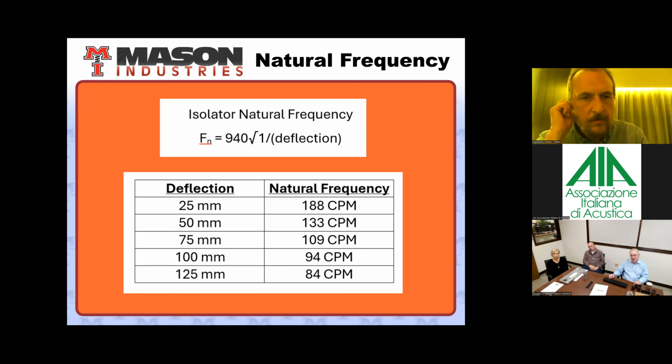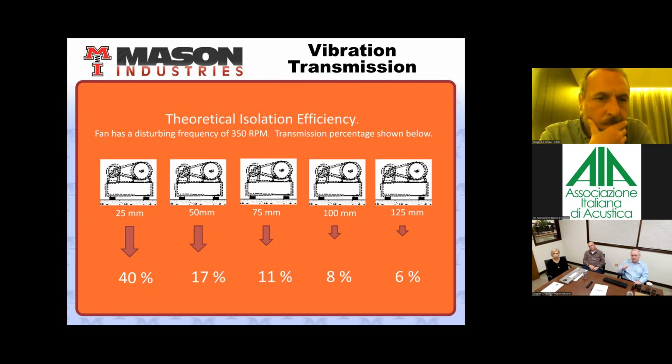Okay. So if I look at a simple example, if I had a piece of equipment operating at 350 RPM, and I put it on isolators of increasing deflection, let's just take a look, theoretically speaking, how much vibration gets into the structure. What's the transmission? Transmission being the opposite of the efficiency, or how much I'm keeping out, right?